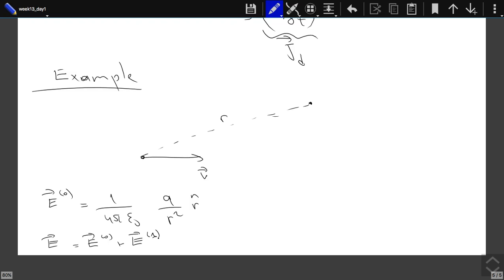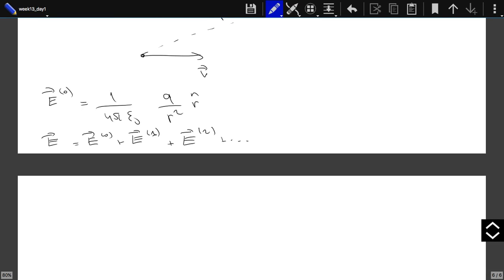You can say that this depends on V to the 0. This is proportional to V to the 1. The next one will be proportional to V to the 2, etc. Now, we will do a similar thing for the magnetic field: B0 plus B1 plus B2.